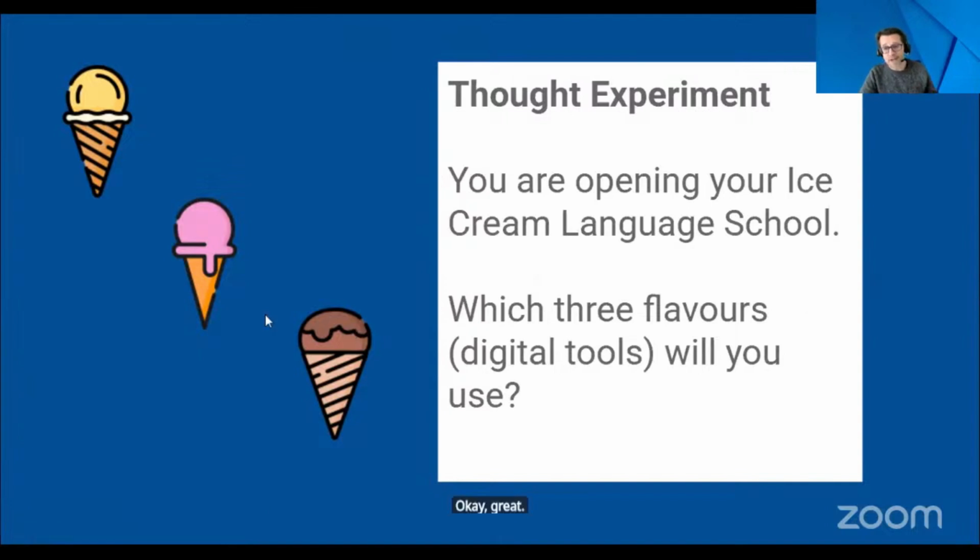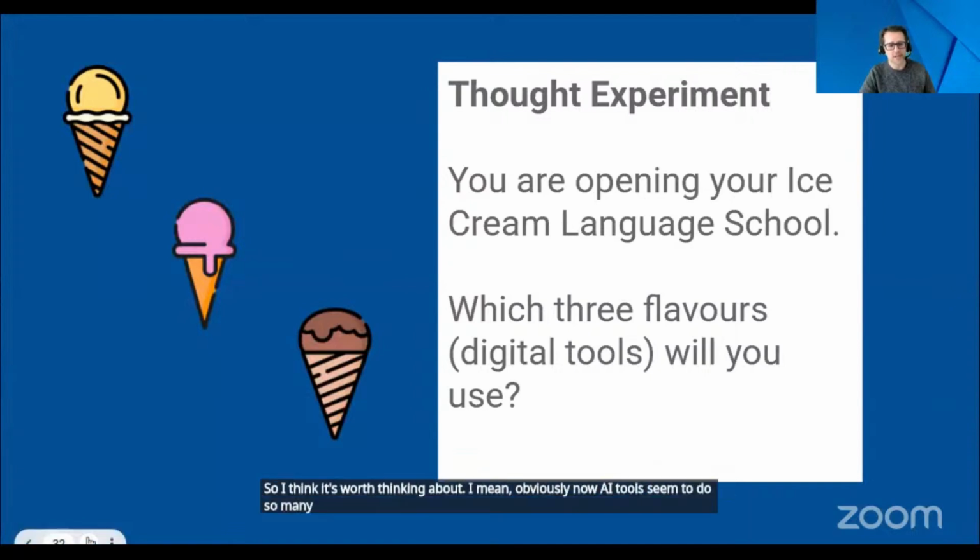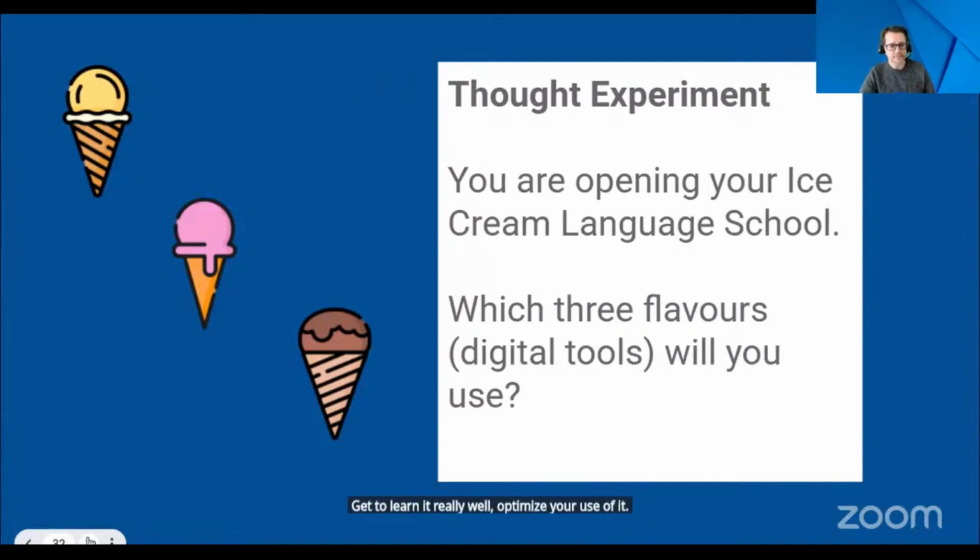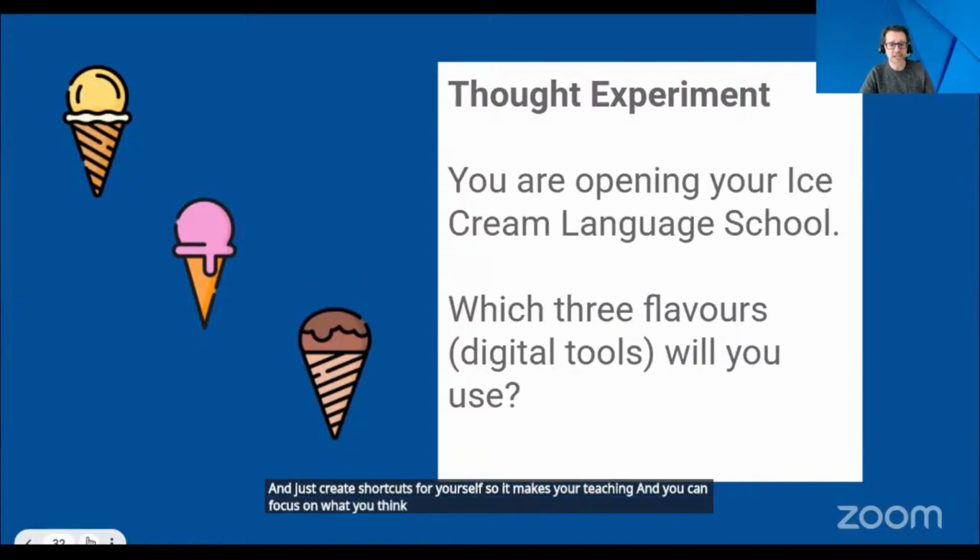So I think it's worth thinking about. I mean, obviously now AI tools seem to do so many things nowadays, but maybe you could just choose one, stick with it, get to learn it really well, optimize your use of it, and just create shortcuts for yourself so that you can focus on what you think pedagogically is really necessary for your learners.